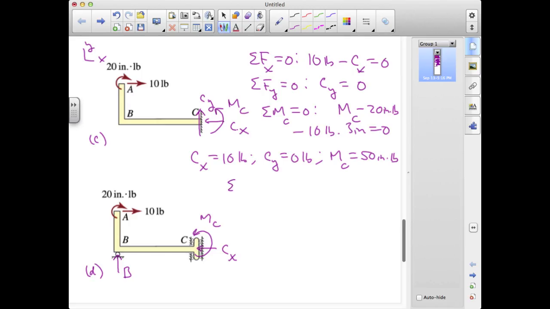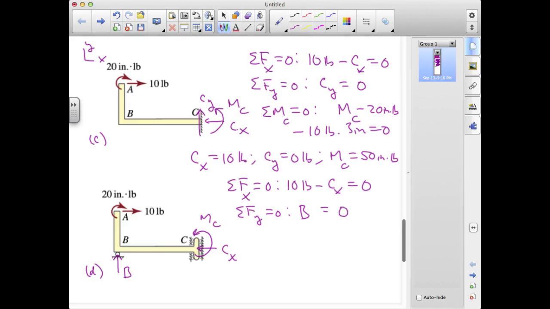Sum of the forces in X equals 0, again, gives us just 10 pounds minus CX equals 0. Sum of the forces in Y equals 0 gives us B, but there's no other external load in the vertical direction, so B is equal to 0.